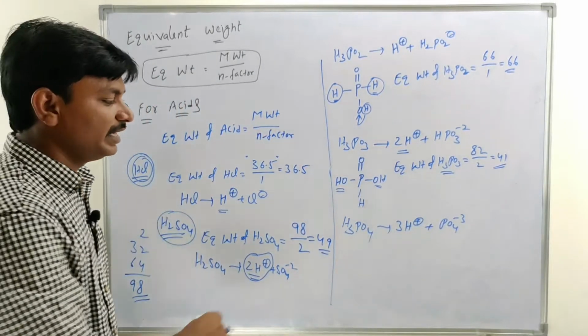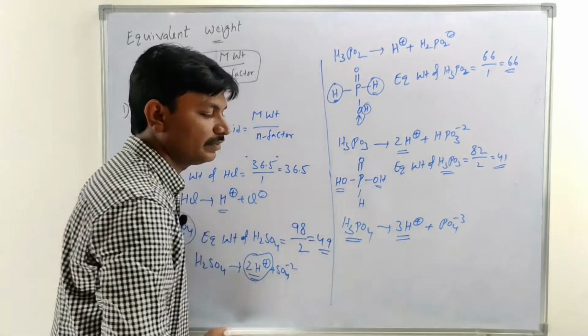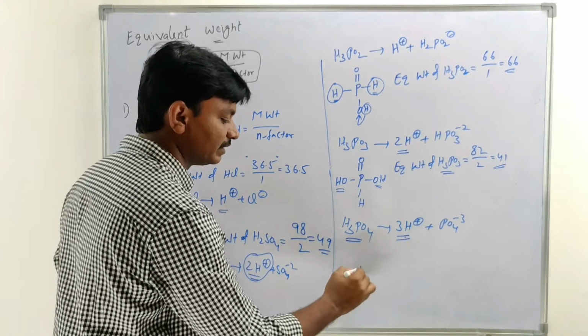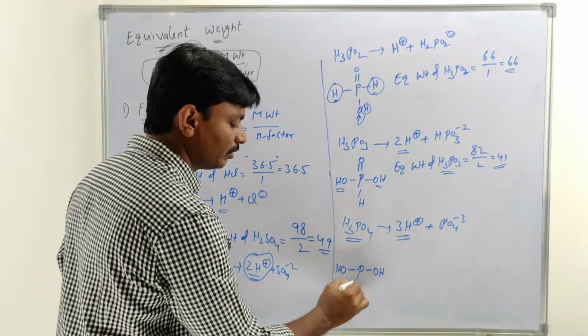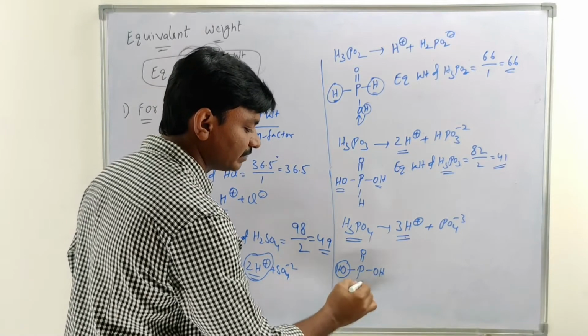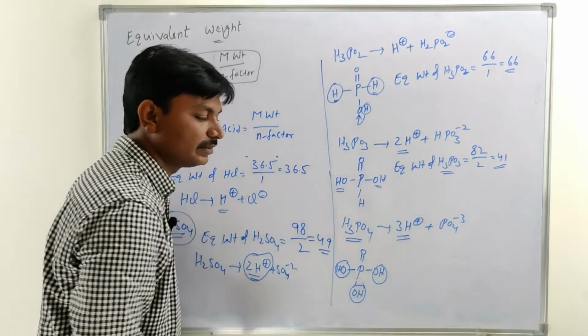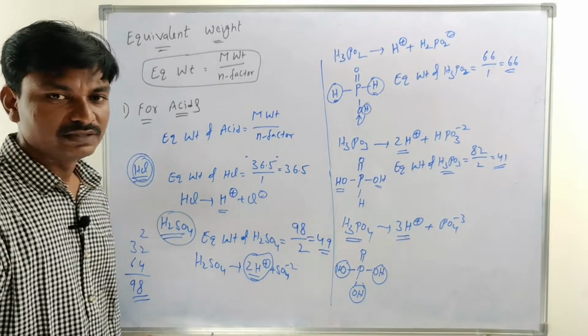And then H3PO4. Here the basicity of H3PO4 equals 3, that is, phosphorus having 3 OH groups and 1 double-bonded O. All 3 hydrogens will be converted into 3 H+ ions, that's why its basicity equals 3.